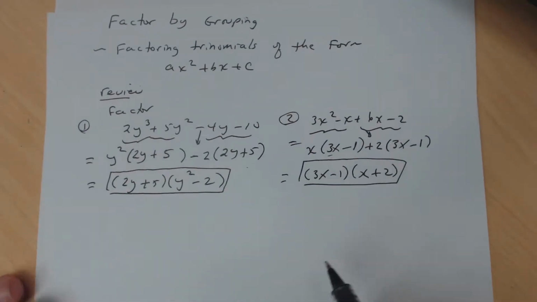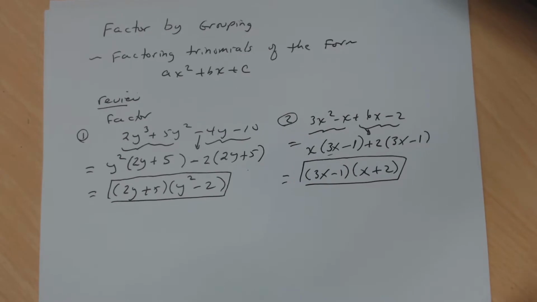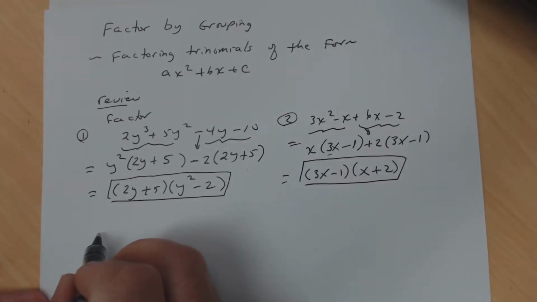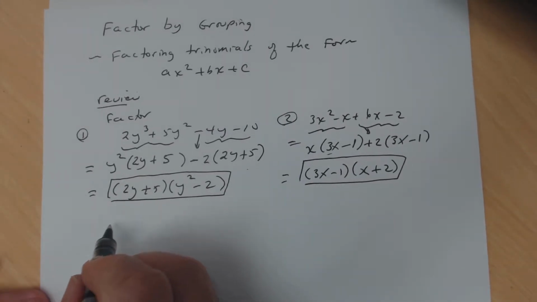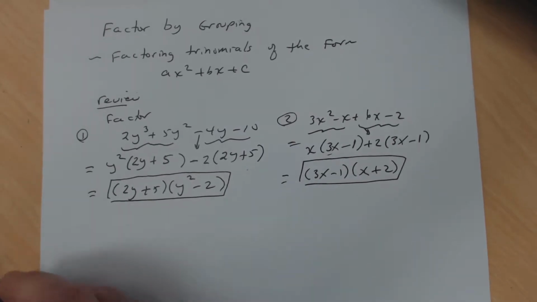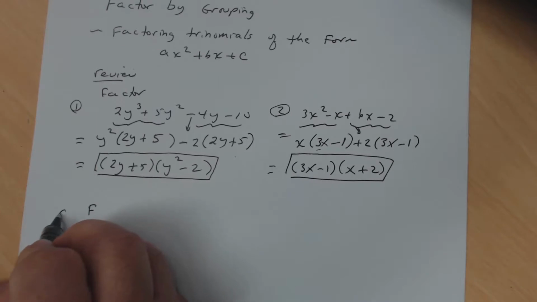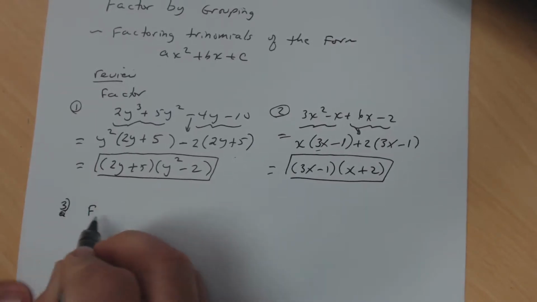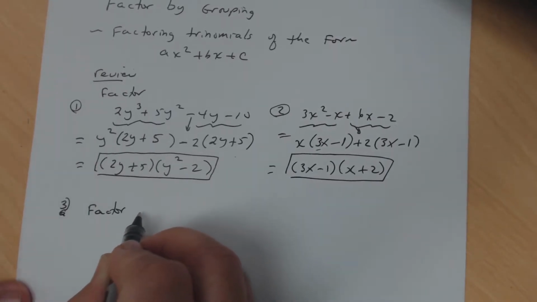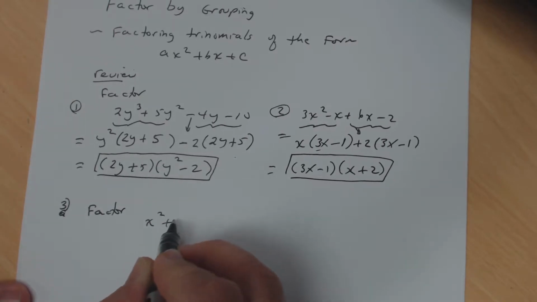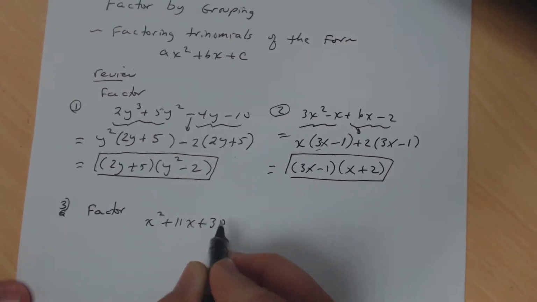Okay. All right, now let's review how we approached section 6.2. So this is a review from a previous section. So remember in a previous section where we wanted to factor, again, this is all review, let's say we want to factor x squared plus 11x plus 30. So remember what we did.